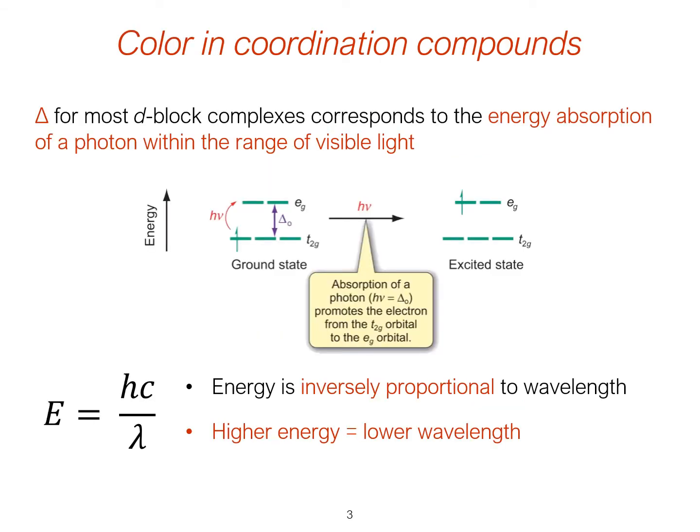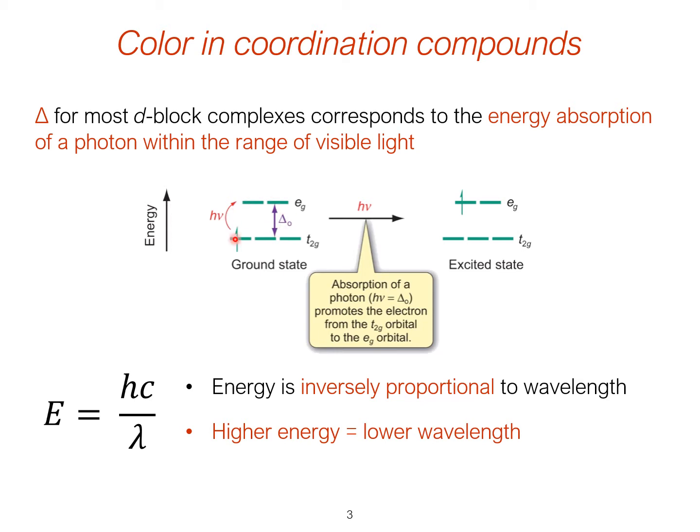Now, why do these coordination compounds absorb light, or at least colourful light that gives them colours? Well, this is because this energy gap we've been seeing throughout the crystal field theory, this delta O for octahedral complexes, but also delta T for the tetrahedral complexes, it applies to both, is within the range of visible light.